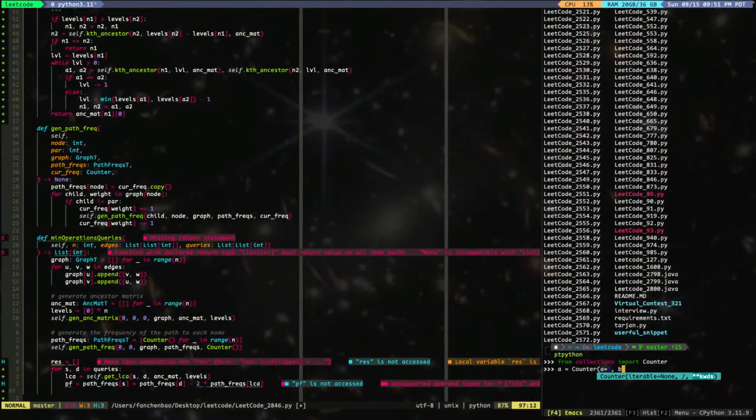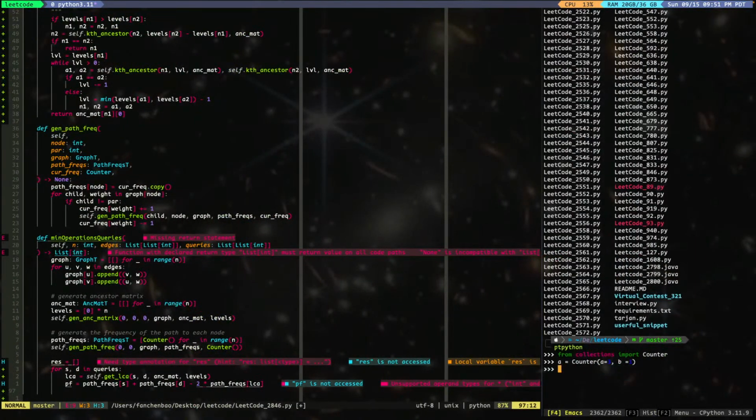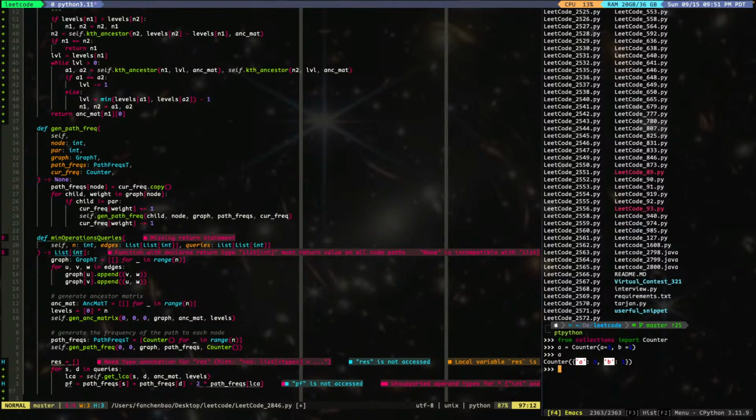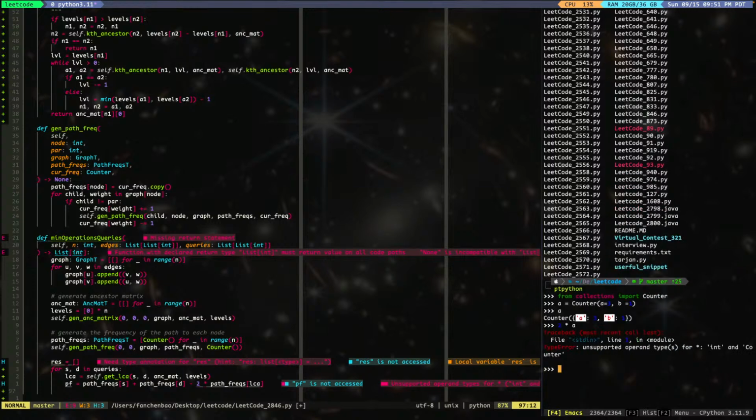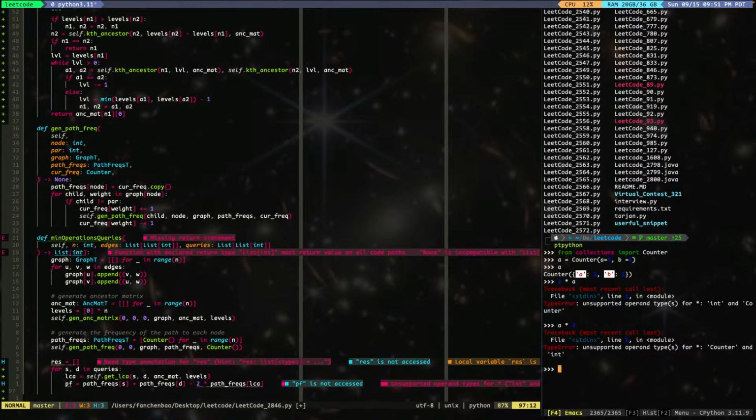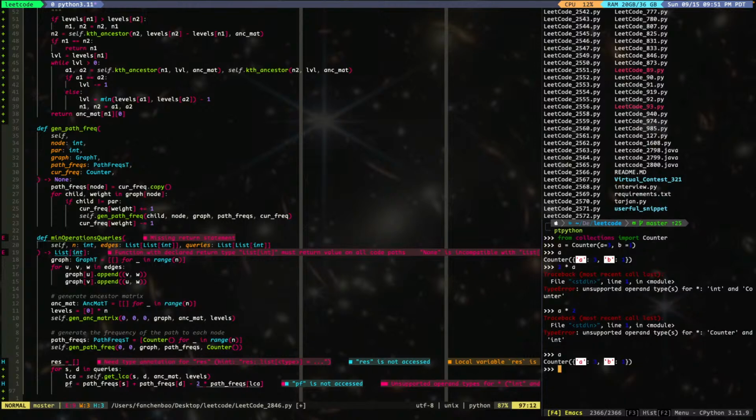Two times a works, but a times 2 is not allowed. Now how about b equal to Counter, with a and c equal to 1.